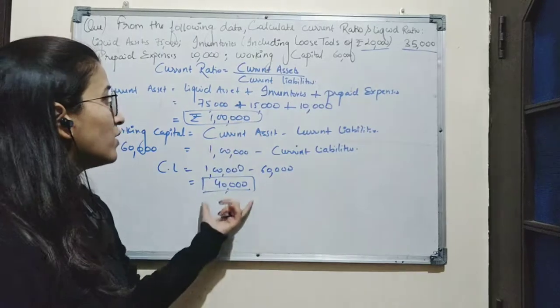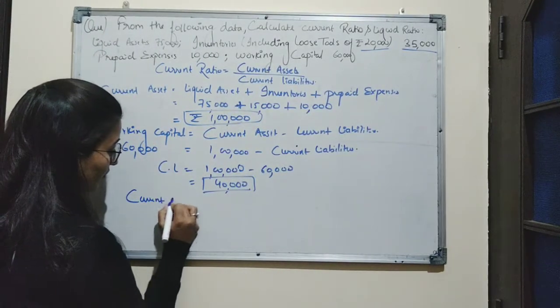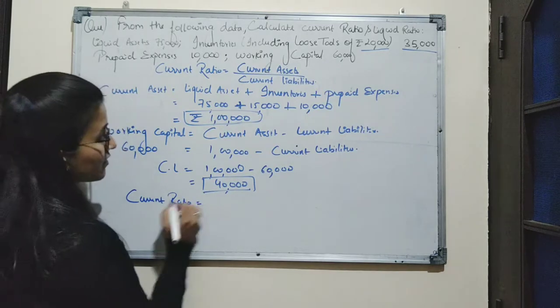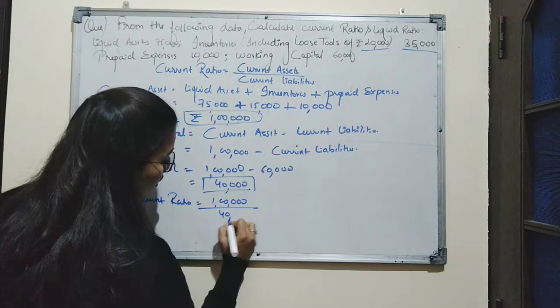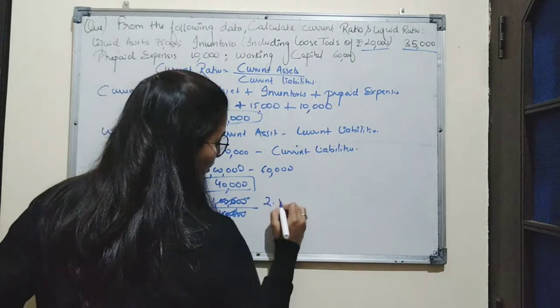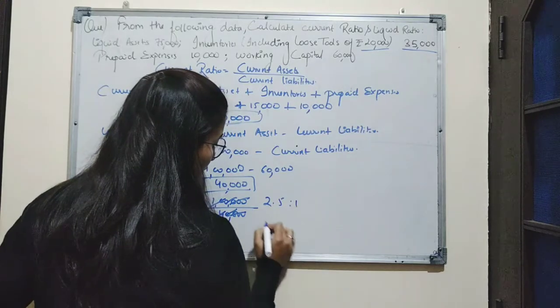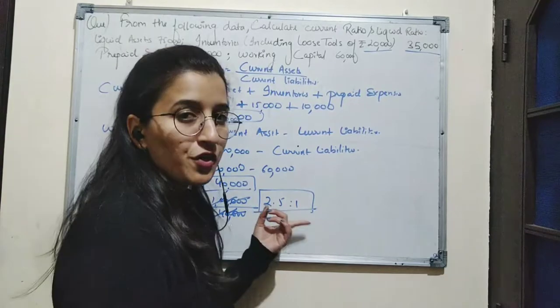Now putting this value in the formula, we'll get the current ratio as 1 lakh divided by 40,000. 2.5 ratio 1. So current ratio is 2.5 ratio 1.